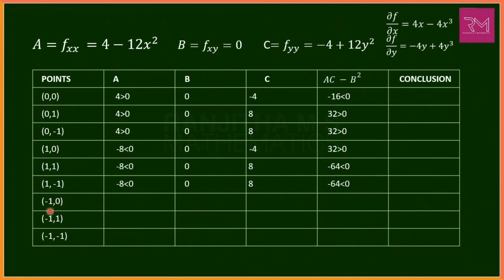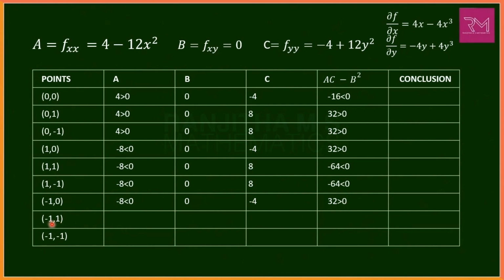Here we put x as minus 1, y as 0. Minus 1 whole square, hence we get 4 minus 12 is minus 8, which is less than 0. Here B is 0. If you put y value as 0, C we get as minus 4 plus 0, hence C is minus 4. AC minus B square is minus 8 into minus 4, which is plus 32, greater than 0.